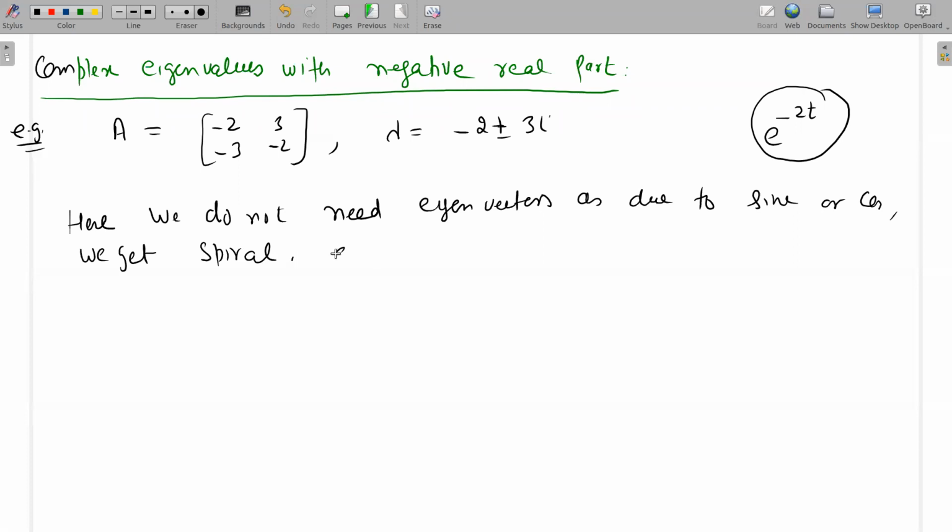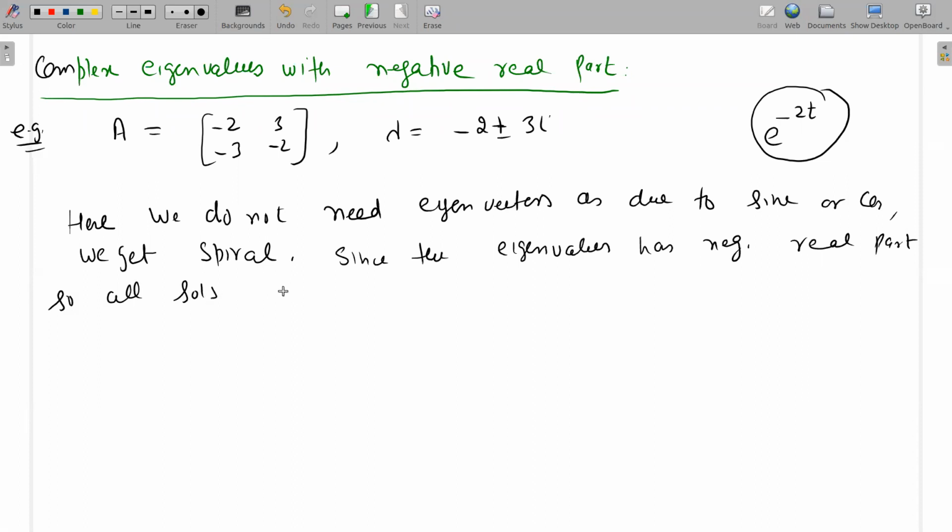So since the eigenvalue has negative real part, all solutions go into the origin. To check the direction, इसमें भी check करना पड़ेगा.